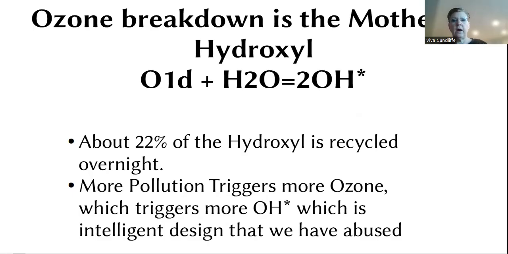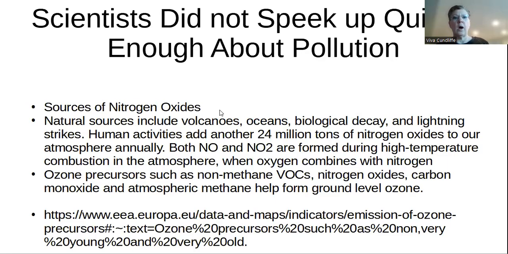So very intelligent. And again, more pollution triggers more ozone. And this is where I think our atmospheric chemistry field is getting a little tripped up, thinking that hydroxyl will always be there. It's not. It is now, I think, inundated, and I'm going to explain why here in a moment.